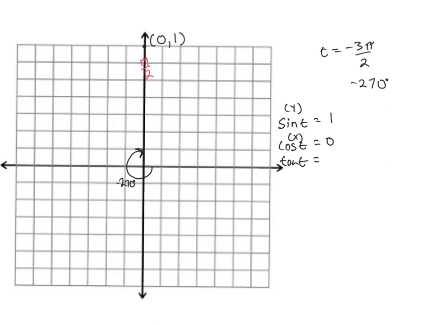Tangent is opposite over adjacent, or in another way that you can think about this, tangent is also considered sine over cosine. Well, here sine is 1, cosine is 0.